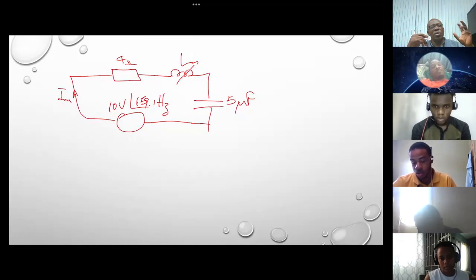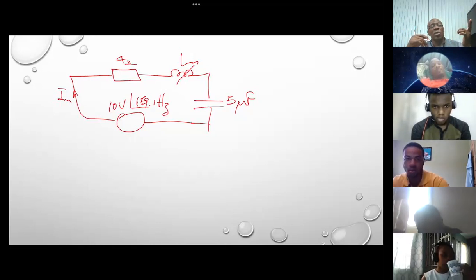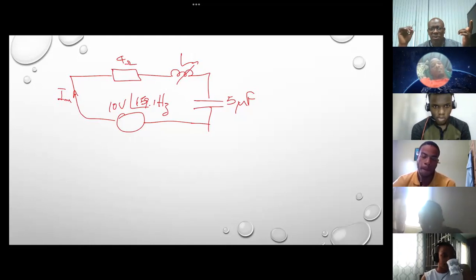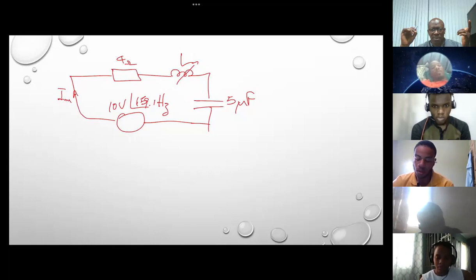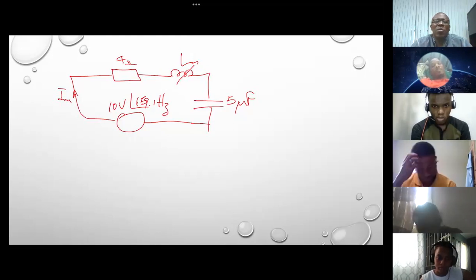Good. And what were you now adjusting in order to get resonance? The inductance. Good. So shifting the inductance causes resonance to occur at what frequency? Oh, 159. Which is why I kept asking you why you need to find it, because it's already there. 159.1 is the resonant frequency.